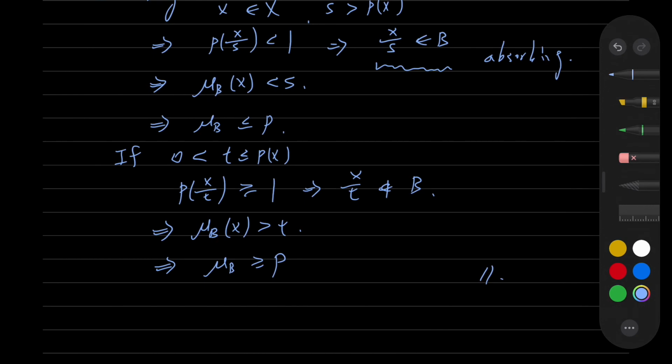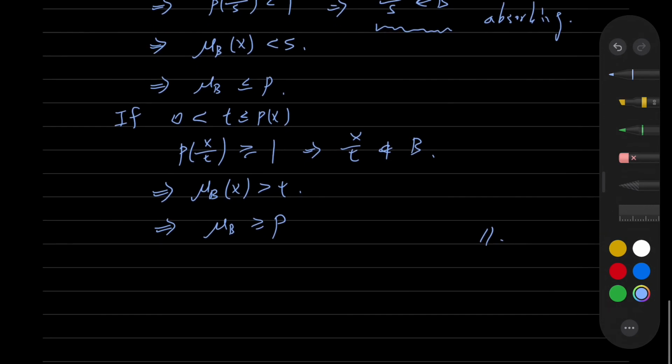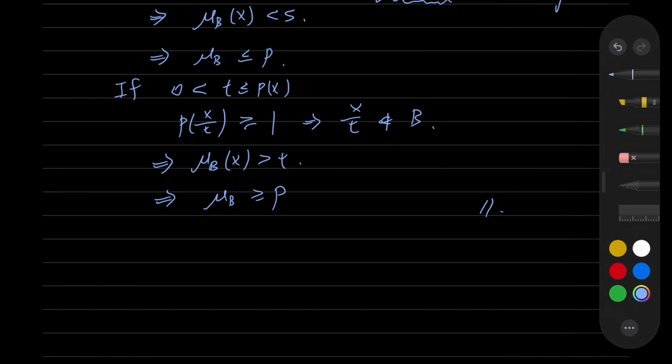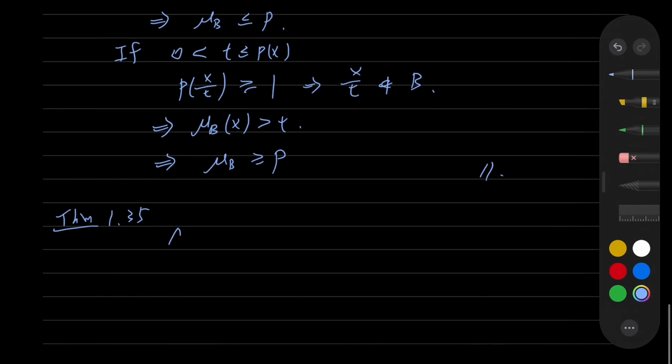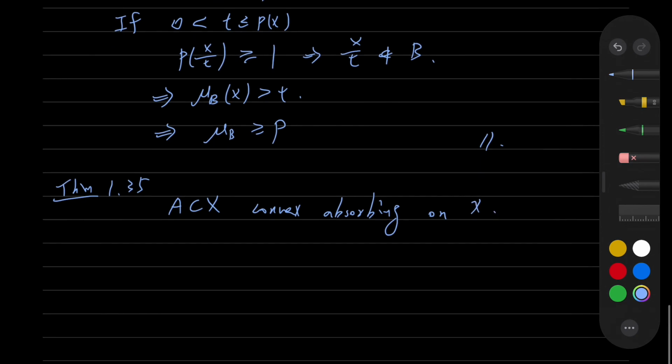And next theorem, we want to prove that the Minkowski functional can become a seminorm if the set satisfies some necessary conditions. So theorem 1.35: given a set A that is convex and absorbing, then by the definition of the Minkowski functional, we can define it.